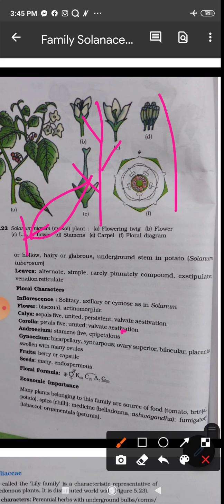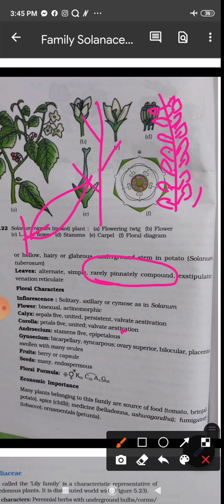And the whole leaf is divided into tiny leaflets, right? So this kind of a diagram, a leaf, is a pinnately compound leaf, right? Having the main axis and the leaflets around. This is pinnately compound. So rarely pinnately compound means, again, there are some examples here belonging to this family which show pinnately compound leaves, right?